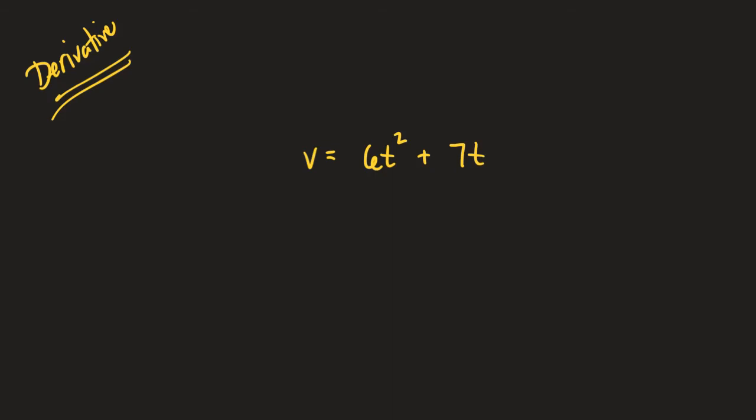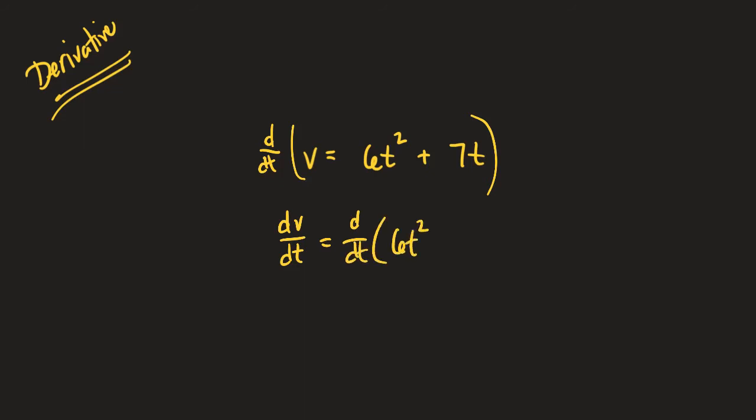So I want to take the derivative of the velocity, which means I want to go d dt of this whole equation. The derivative is like any function. It can be taken of both sides of an equation. So I can say dv dt and then d dt of everything here. So I've applied it to both sides of the equation. Also, it obeys the distributive property.